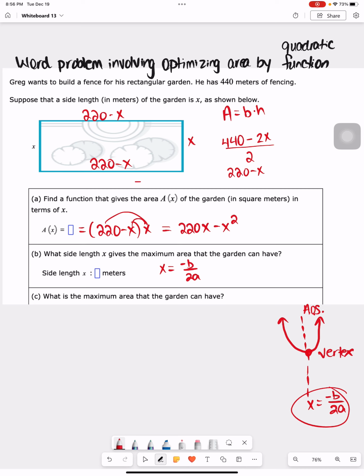Okay, so let me bring this down where I have some room. What I have here is A of x is equal to 220x minus x squared. I would recommend that we write this in descending order. So that is negative x squared plus 220x, and there's really a plus 0 on the end.